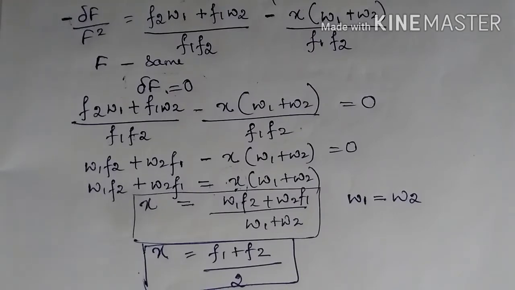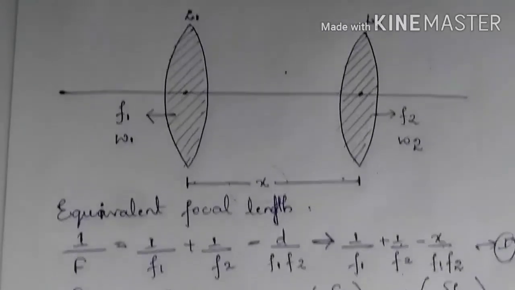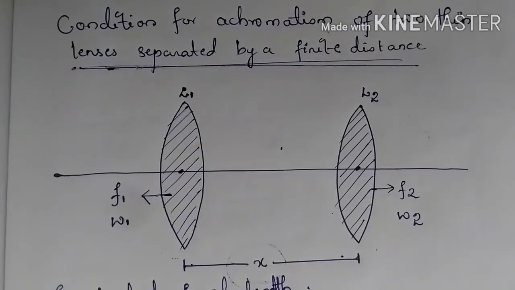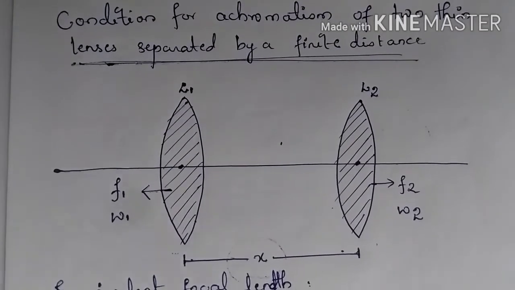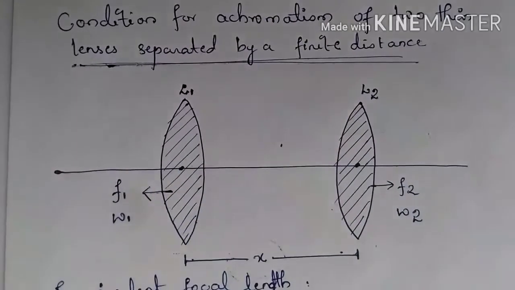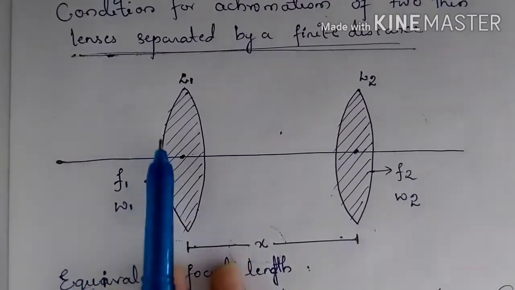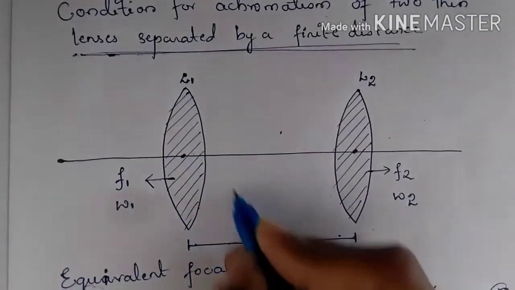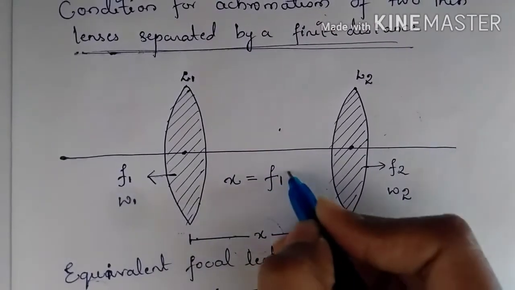So this is the condition. So this is again the condition for achromatism of two thin lenses which are separated by a finite distance. So here we have L1 and L2 which are made up of the same material. So if these two lenses are made up of the same material, then x, that is the separation distance between these two lenses, will be what?